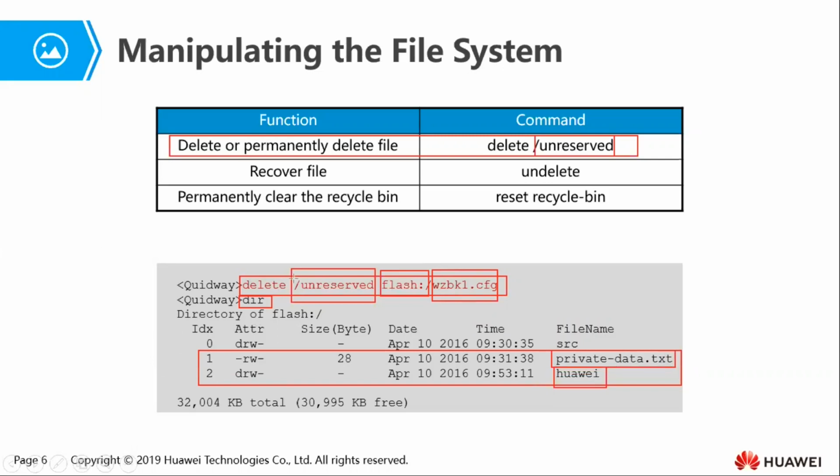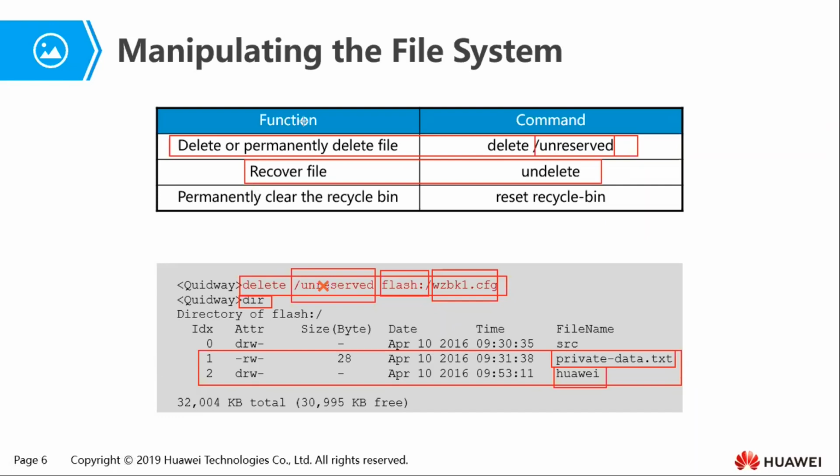So when you don't want to delete it permanently, don't use unreserved. Just use delete, then the location of the file and the name of the file, and it will go to the recycle bin. Once it goes to the recycle bin, you can always recover it by typing undelete, then the name of the file, and it will be restored to its original location.